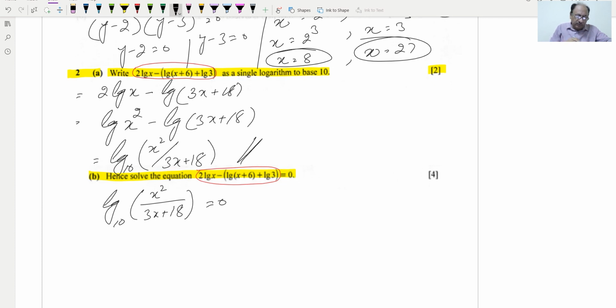Now we can rewrite it: if we have log with base 10 of x equal to y, then by the rule of logarithm we can write 10 raised to y is equal to x. So we can rewrite it as 10 raised to 0 is equal to x square over 3x plus 18.